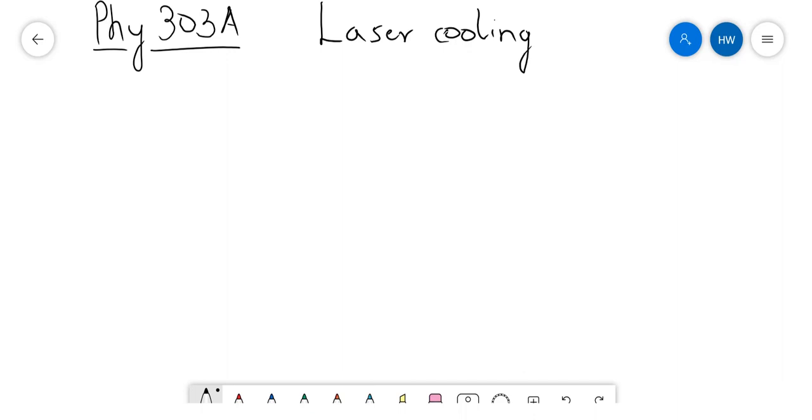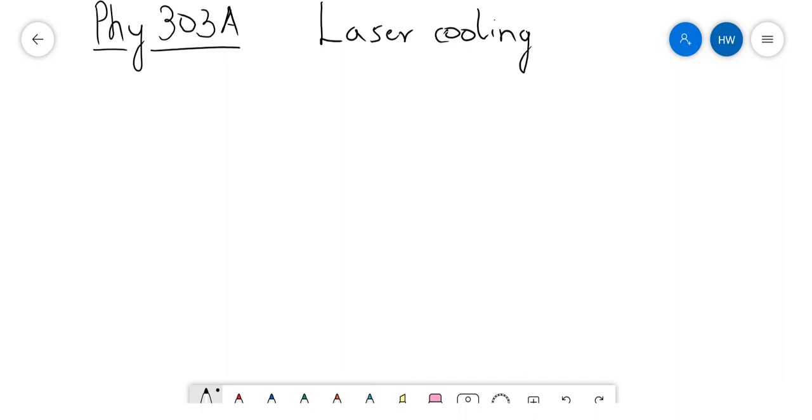So, for example, with lasers and a collection of atoms, you can cool the collection of atoms to about microkelvin by using purely lasers. And you can even go lower by employing something called evaporative cooling and so on. And one can get to temperatures as small as nanokelvin.